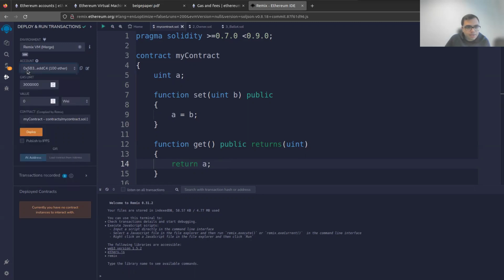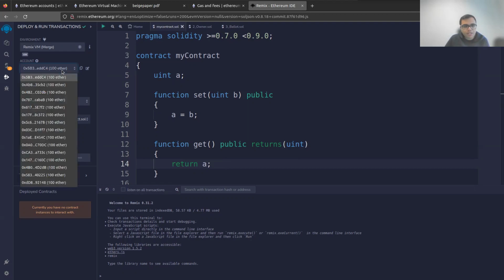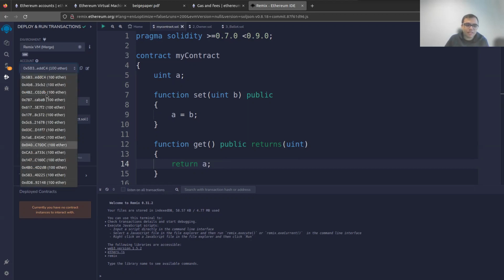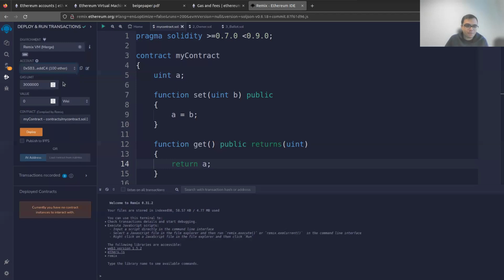For example, this one starts with 5B3, blah, blah, and that's supposed to be the public key of that account. Again, this is a simulation, so you can assume that I have the private keys corresponding to all these accounts, and I can do transactions with them. Initially, each one of these accounts has 100 Ether. That's a lot of money, but this is not real money.